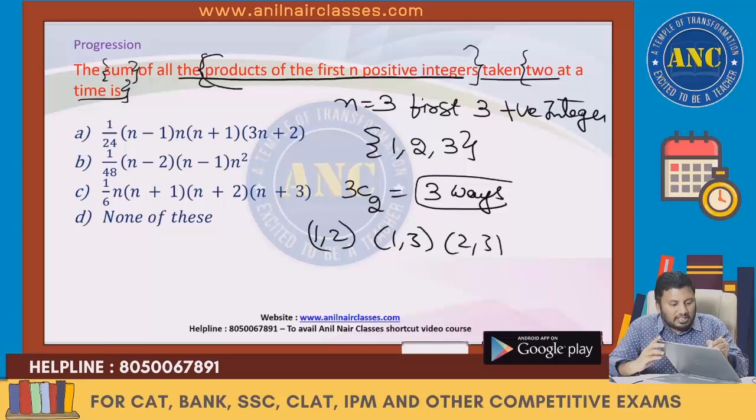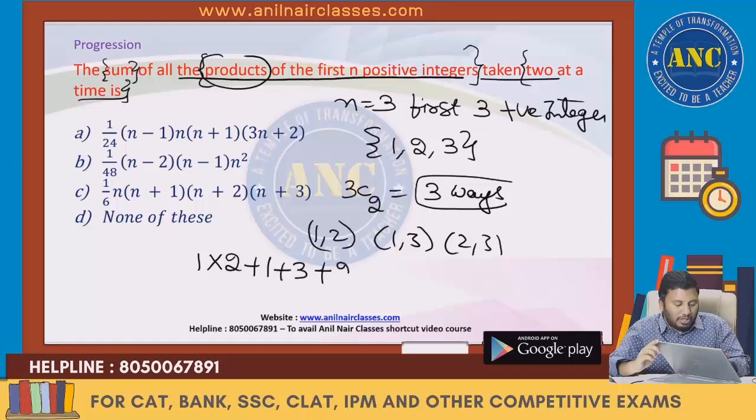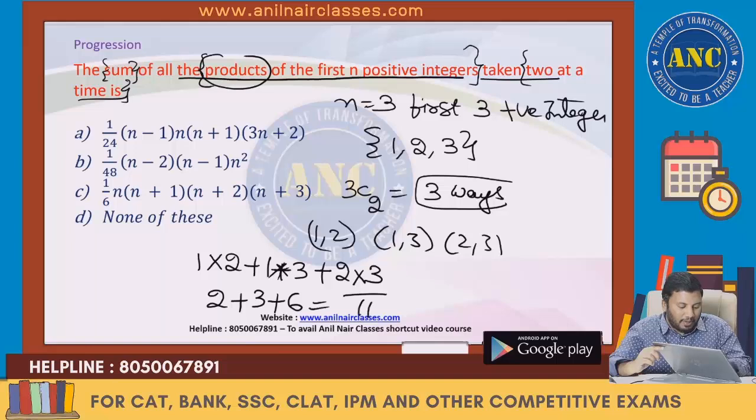What is he asking? The product of the first n positive integers taken 2 at a time. 1 into 2 plus 1 into 3 plus 2 into 3. So this will become 2 plus 3, 5, plus 2 3s are 6, 5 plus 6, 11.